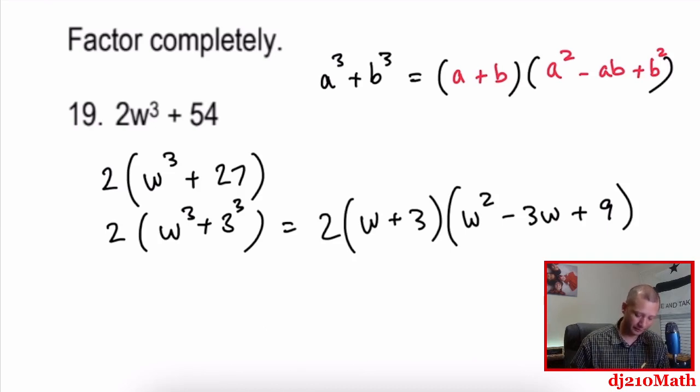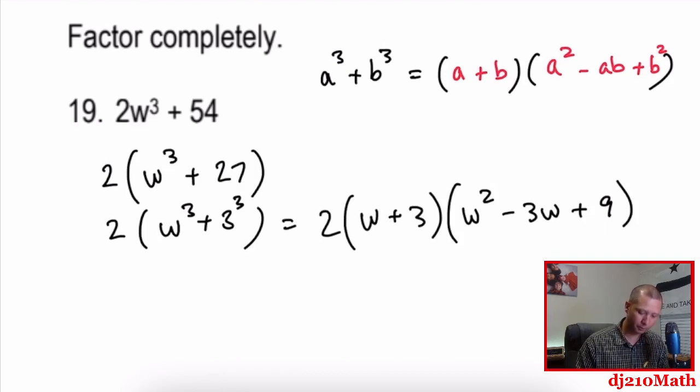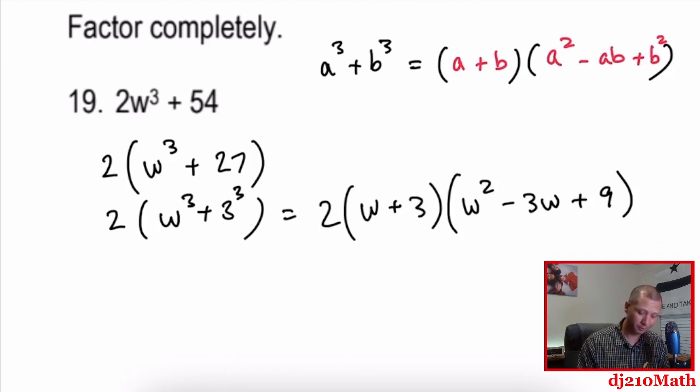All right, and then we check to see if the quadratic can be factored. So two numbers that multiply to make 9 and add up to 3. 9 and 1, 3 and 3, and that's basically it. So we're good there.